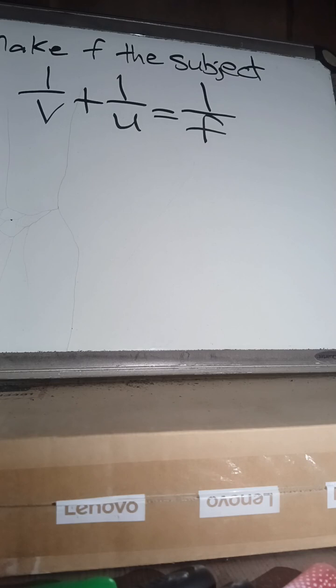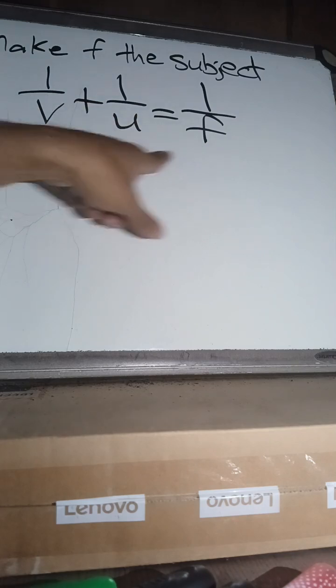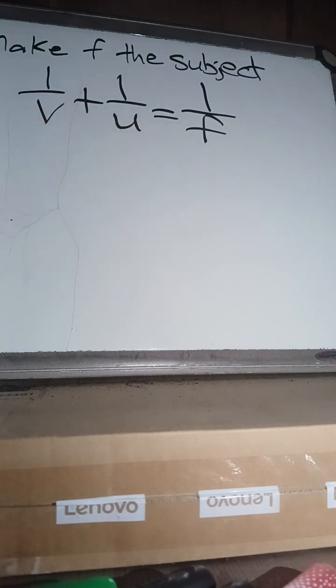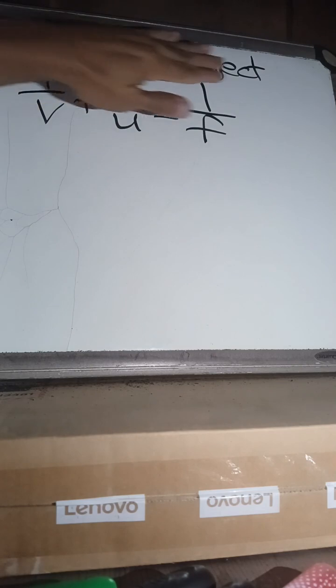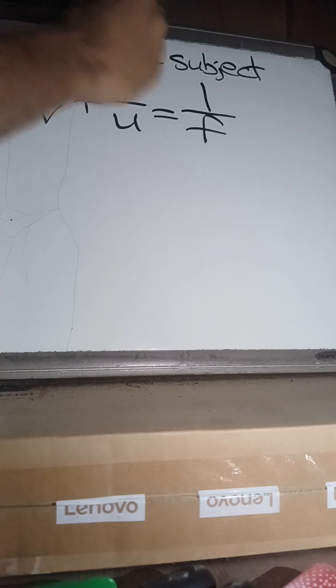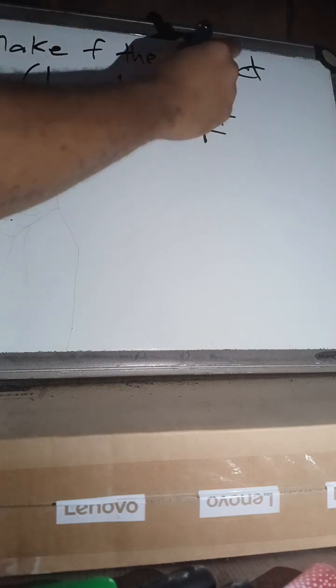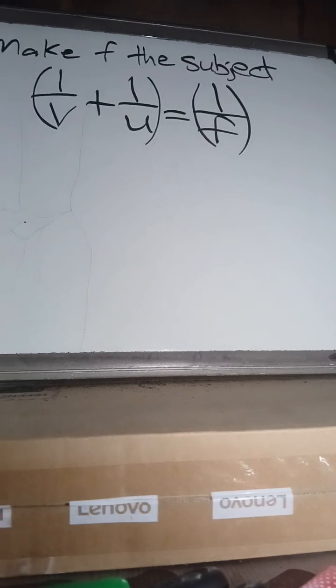Typically what happens here, and this is something that I learned from somebody at a university, you have a V, you have a U, you have an F. Well, the LCM of all of them is just VUF. So you're going to take the LCM of all of these and multiply it by this and by that. You're going to put a bracket around this and a bracket around this and multiply the left and the right by VUF.